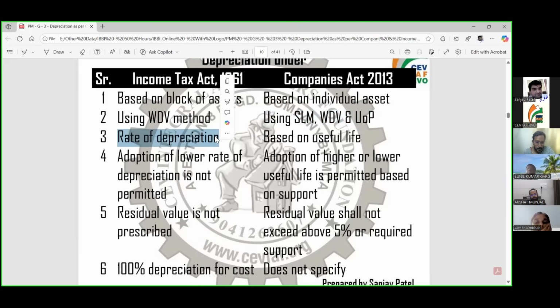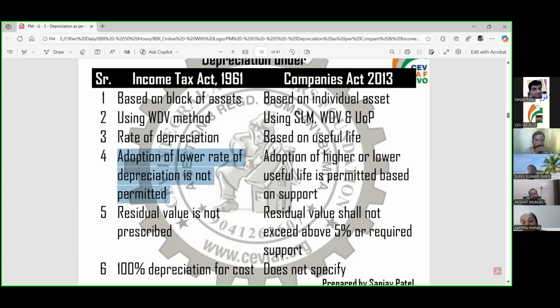Rate of depreciation is based on the useful life. Under the Company Act, useful life is provided. Adoption of a lower rate of depreciation is not permitted, so you have to choose the same rate of depreciation that is given.